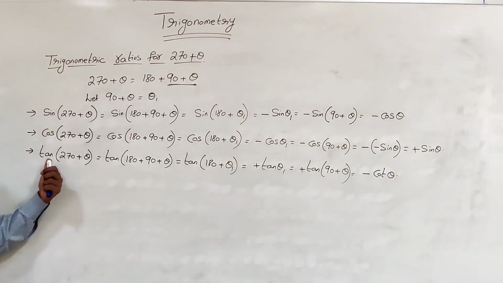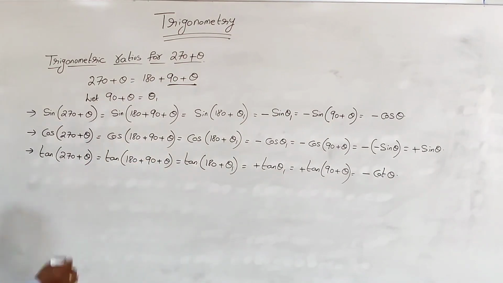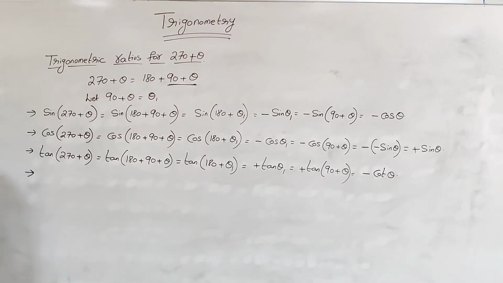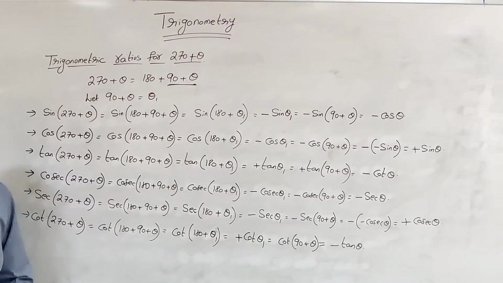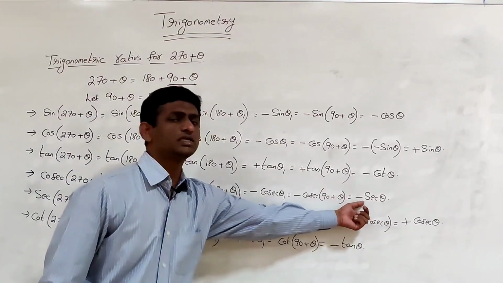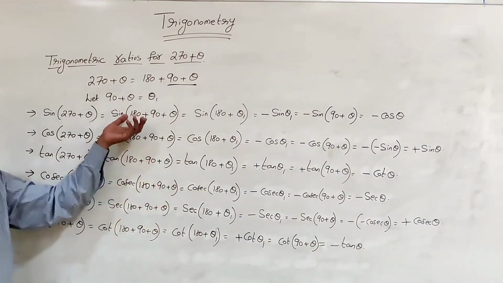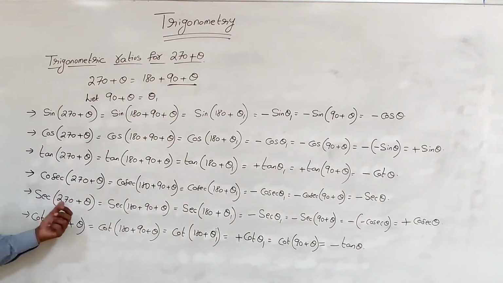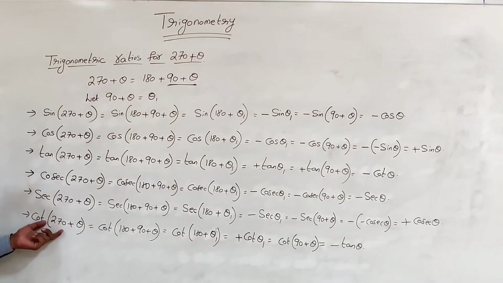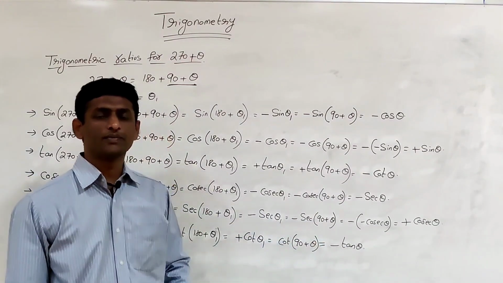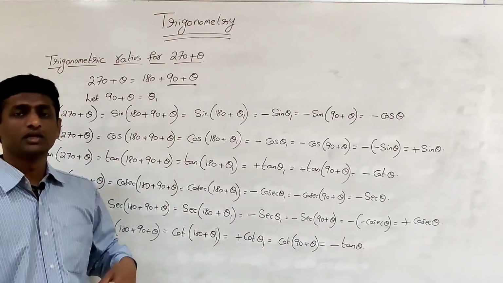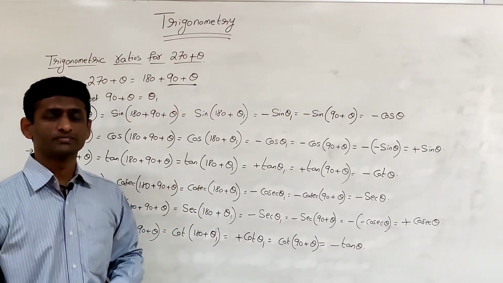So tan of 270 plus theta is minus cot theta. And we'll see the other three trigonometric ratios for 270 plus theta. Cosecant of 270 plus theta gives minus secant theta. Just prove it like the above. Similarly, secant of 270 plus theta will give positive cosecant theta. Cot of 270 plus theta gives minus tan theta. So these are the trigonometric ratios for an angle 270 plus theta if the angle lies in the fourth quadrant.